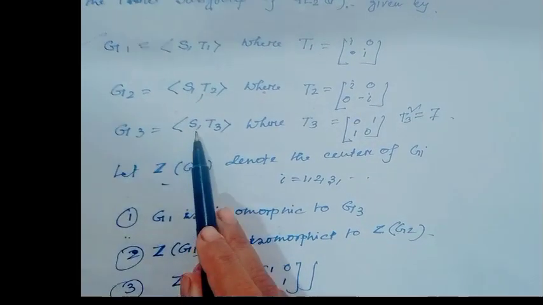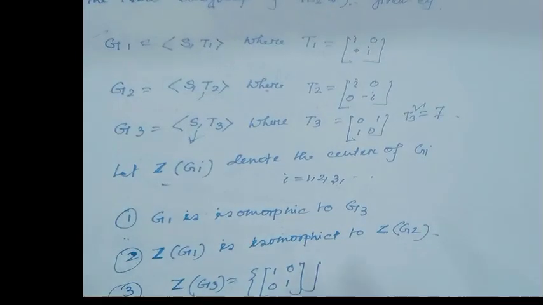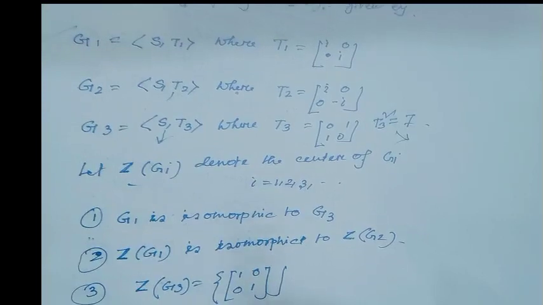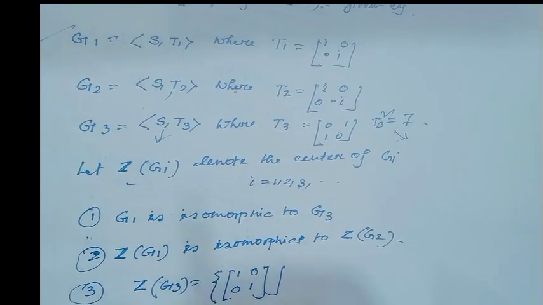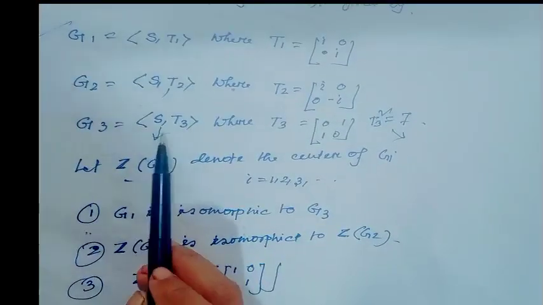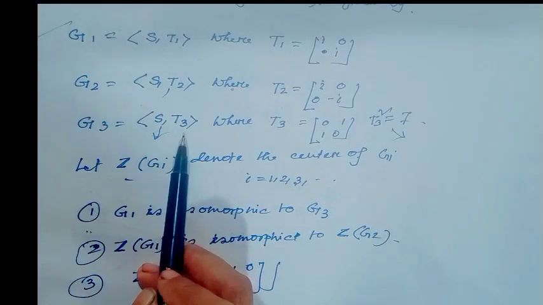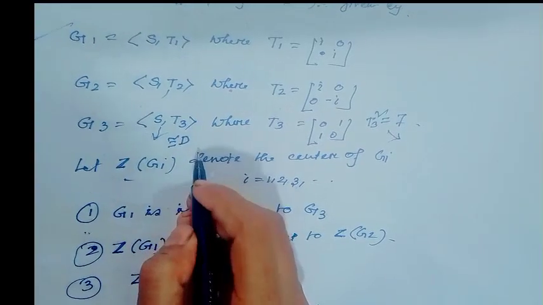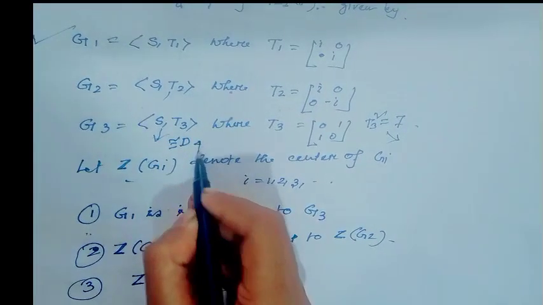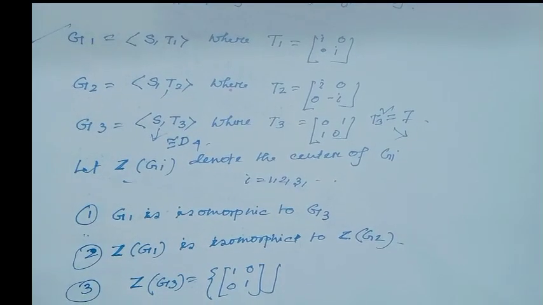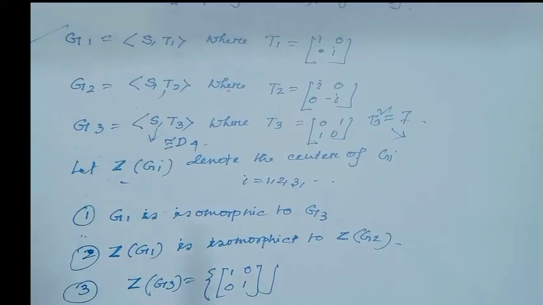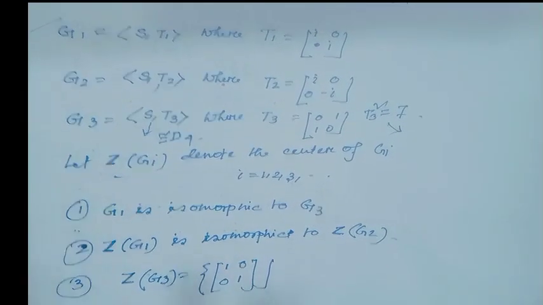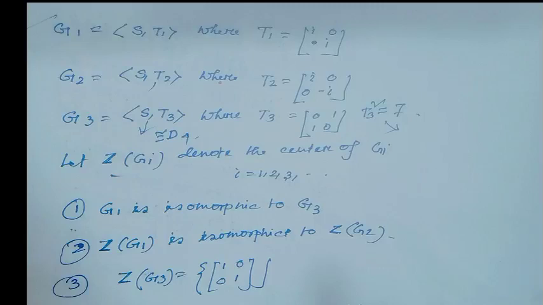Here the order of S is 4 and the order of T3 is 2. That means this is very interesting: one element of order 4 and another element of order 2. That means this G3 is actually isomorphic to the D4 group. We all of us know the D4 group contains an order 4 element which is a rotation and an order 2 element which is a reflection.